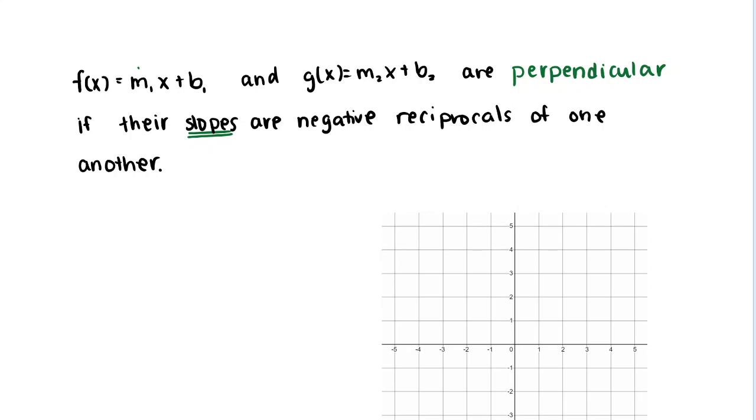In other words, m1 should be equal to negative 1 over m2.